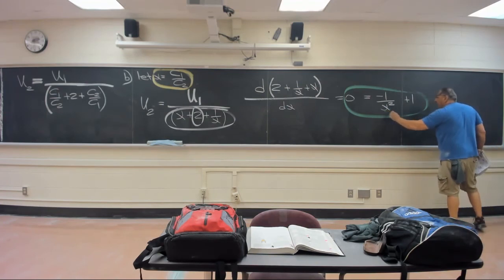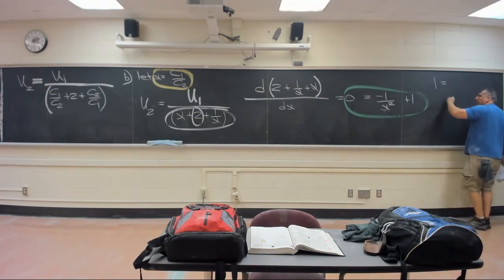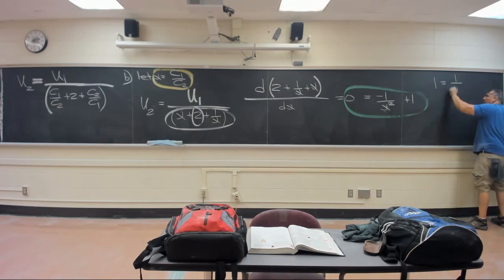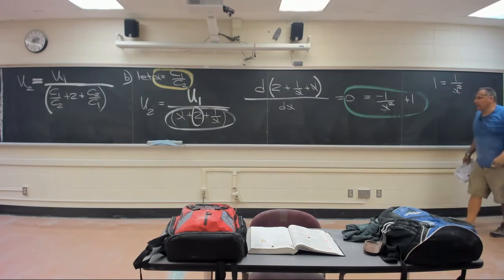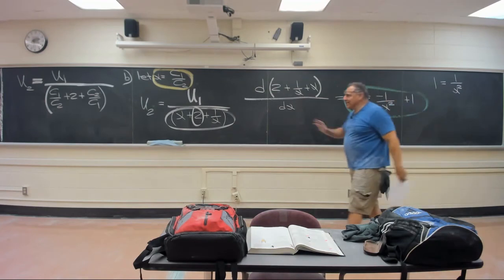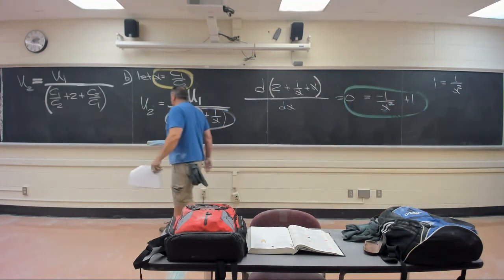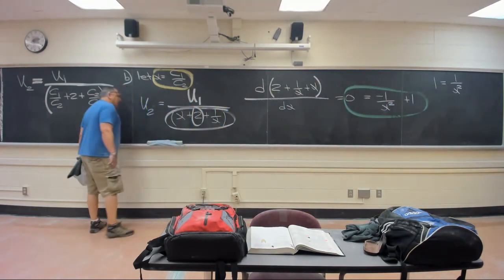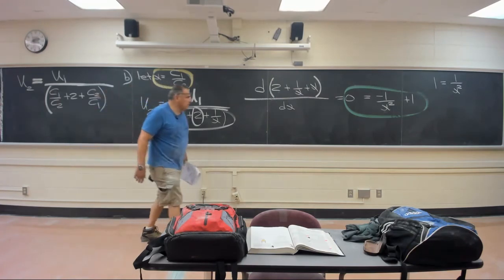Add a positive 1 over x squared on each side. You get 1 equals 1 over x squared. You want it to be 0. It's a bit debatable now that I really want it to be 0. Yeah, I guess I want it to be the minimum thing it could be.